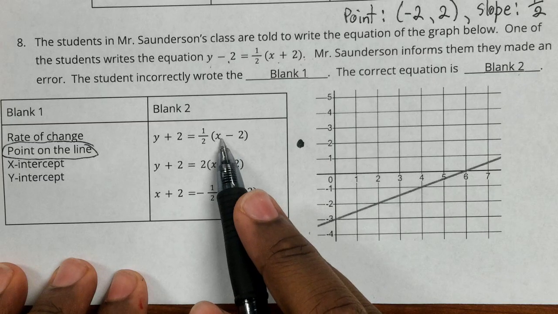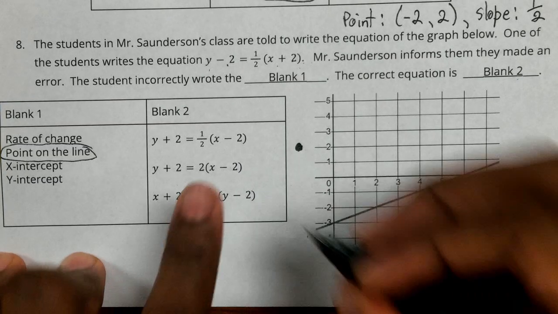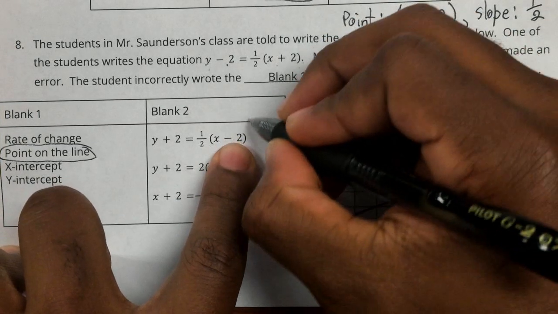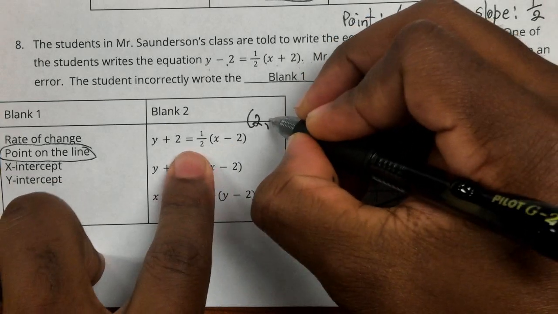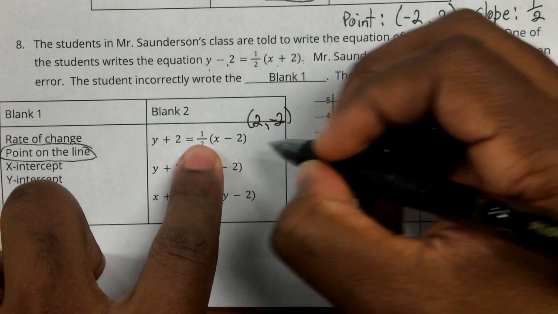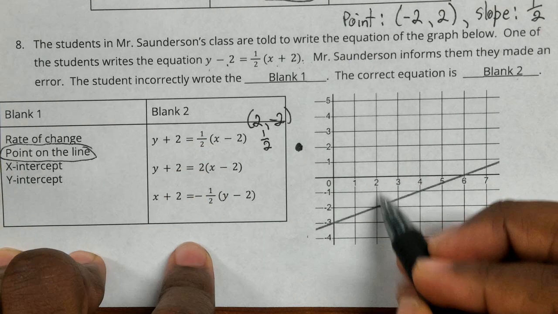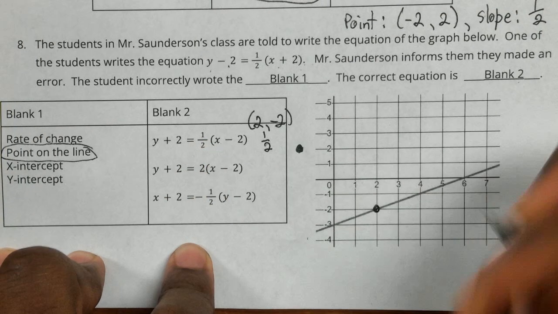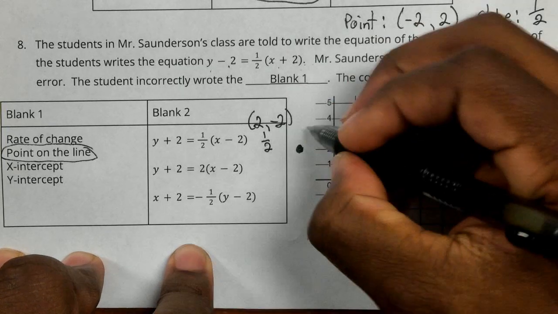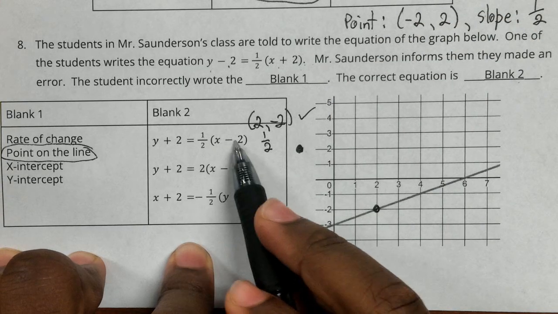Okay? So now we're going to identify what the correct equation should be. So at first I'm going to identify the point and then the slope. So the point for this one will be 2, -2, and the slope would be 1/2. So 2, -2 would be here. That's on this line, so that's good. And then the slope should be 1/2.